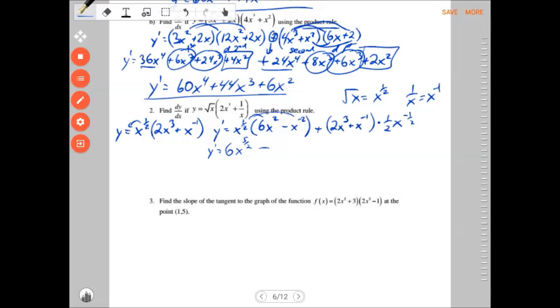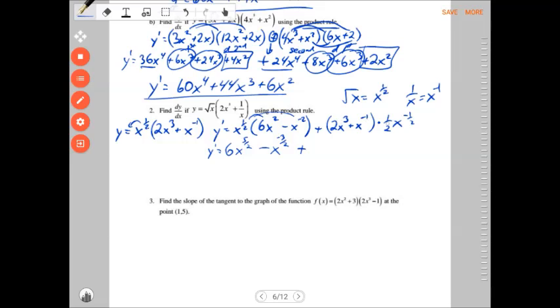And then x to the 1/2 times x to the minus 2. So we're going to have a 1/2 minus 2 for the exponent, so that's negative 1.5, which is negative 3/2. So that's the first part.